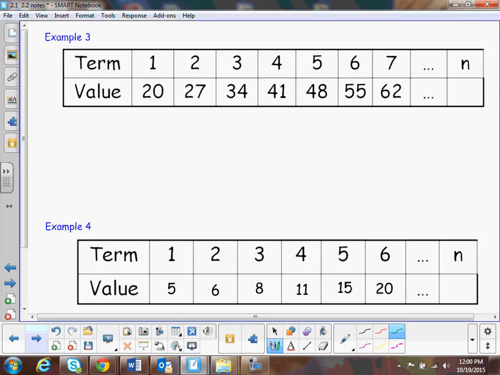No big fancy table, just write 1, 2, 3, 4, 5, 6, 7, and 20, 27, 34, 41, 48, 55, 62. And then I want you to write down the nth term, also known as the function rule.